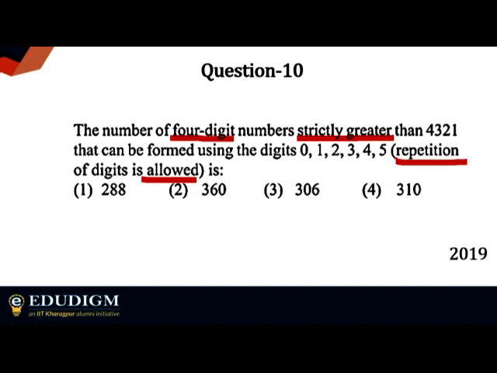Just try this one out and let me know in the chat box. All right. I just skipped the previous one because you're all familiar with these kinds of things, but still, if you have any doubts, please do let me know. Just work this one out, try this one, and give me the options in the comment box.